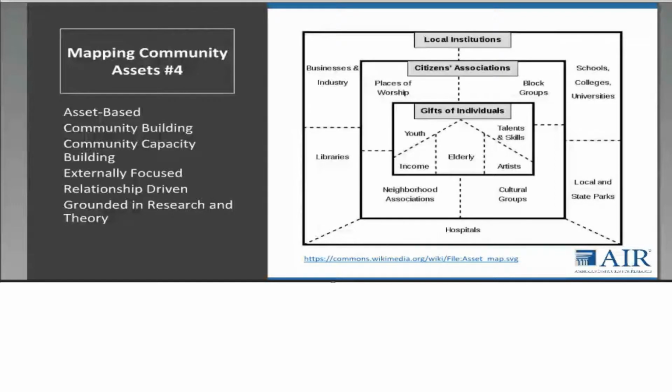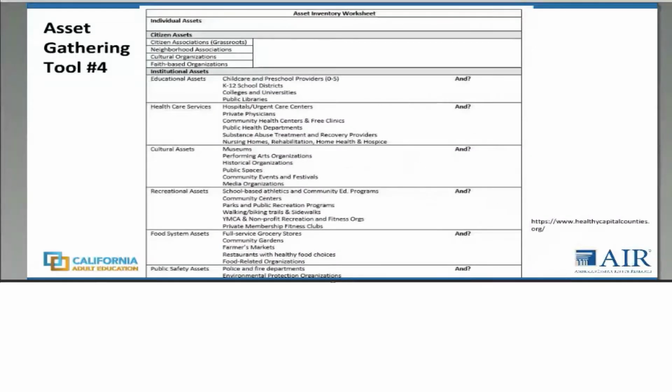So as we look at tools to help us do this, I know this is small, but this is an asset inventory worksheet. It's one of the tools that you'll see below on the bottom left. This is a document that you'll be able to download and share with your stakeholders, and a good activity when you're bringing together those in your consortia who you want to help you do this planning and be inclusive in this work.